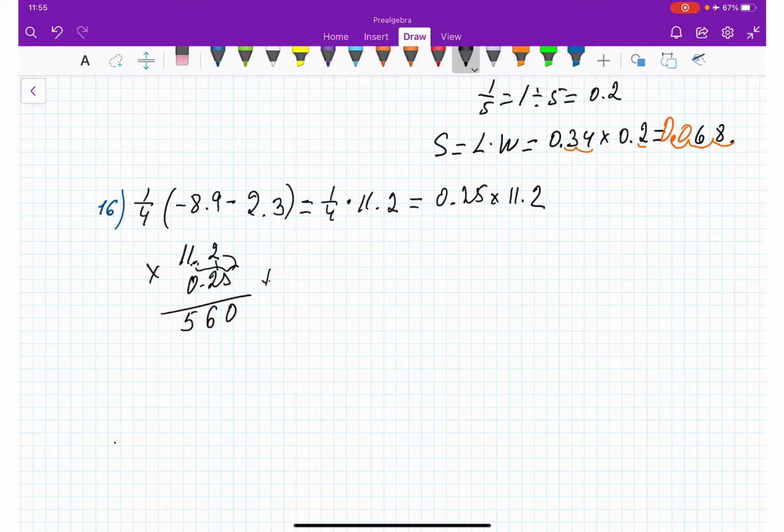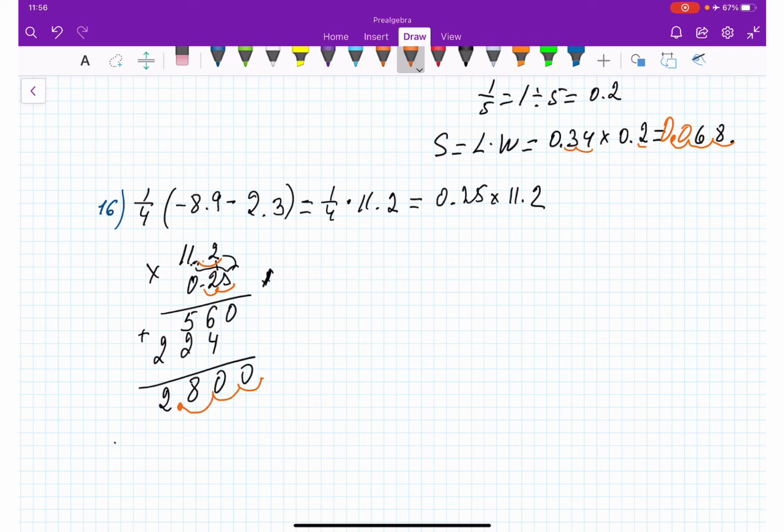Next, 2 times 2 is 4. 2 times 1 is 2. 2 times 1 is 2. Then 0, adding them up. 6 plus 4 is 10, 1 in mind. 5 plus 2 is 7, and 1 will be 8. And here is 2. How many decimals? 1, 2, 3. 3 decimals coming back.